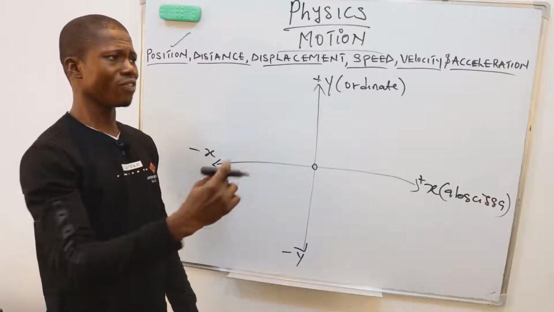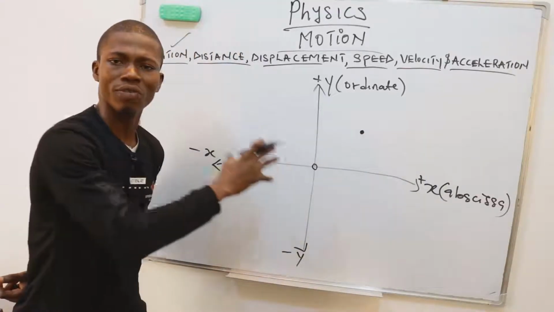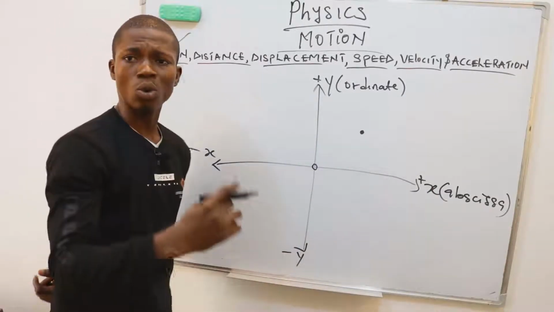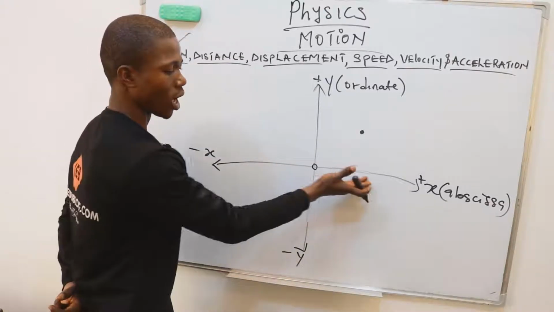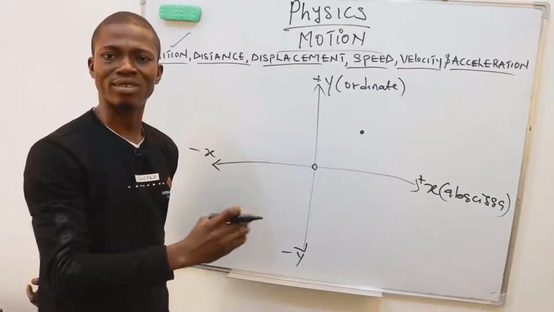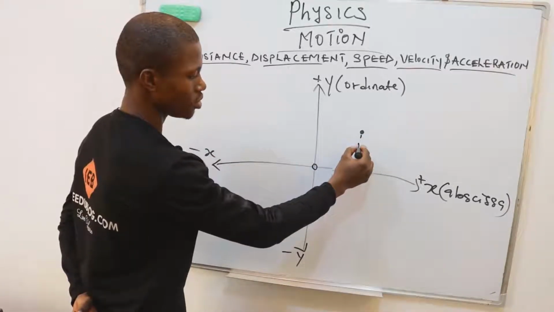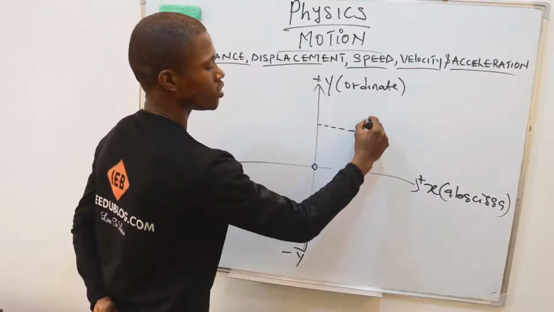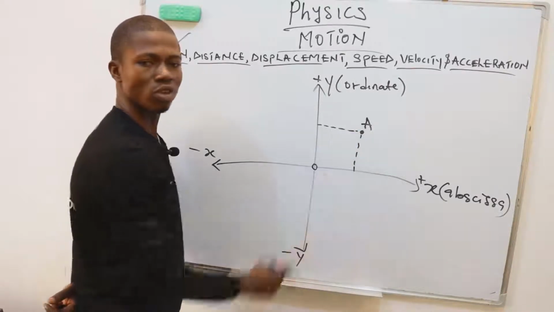So what if there is a point here? Let's know how to get points in different positions of this coordinate point. All we need to do is to trace that point to our x and y axis to know their x and y coordinates. So let's do the tracing. Let's say this point is our point A. How can we know the position of this point?